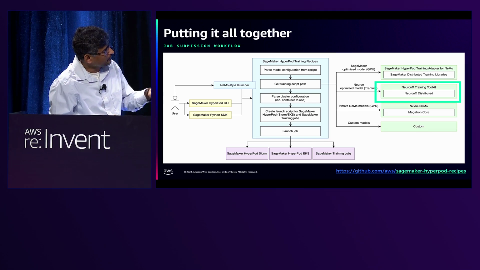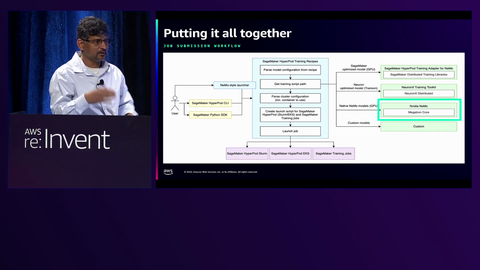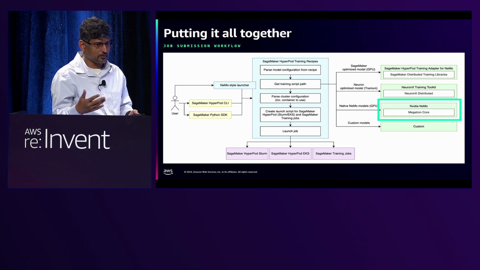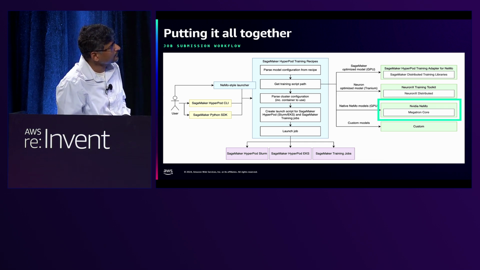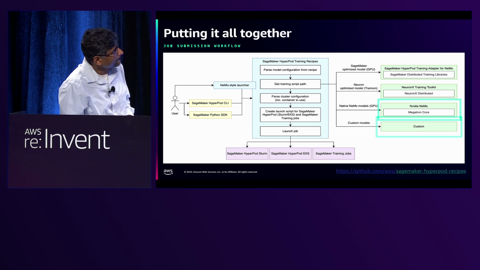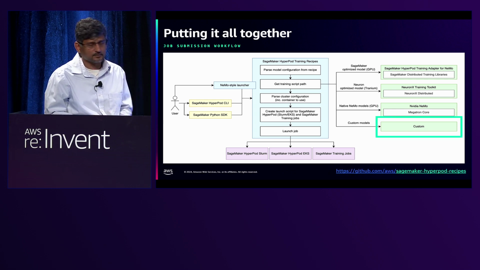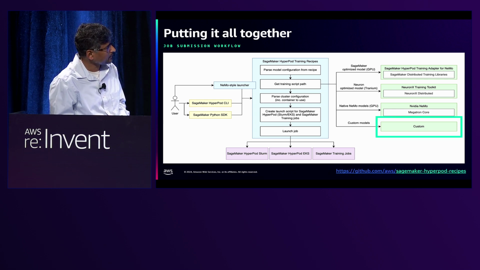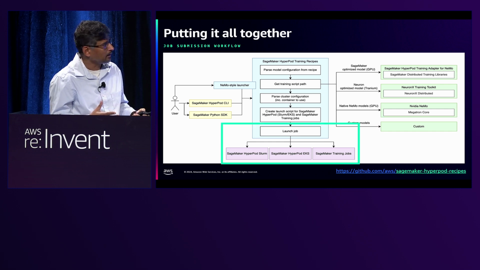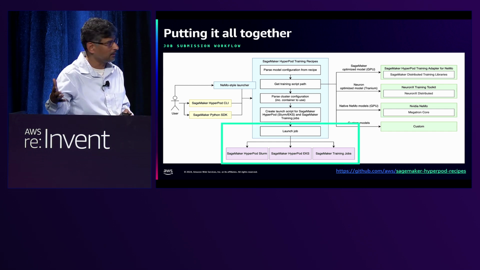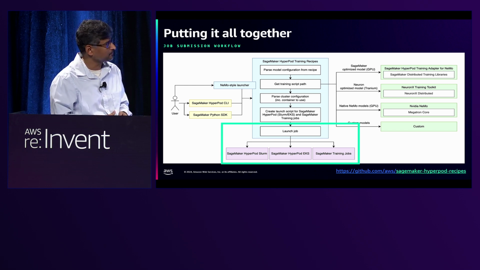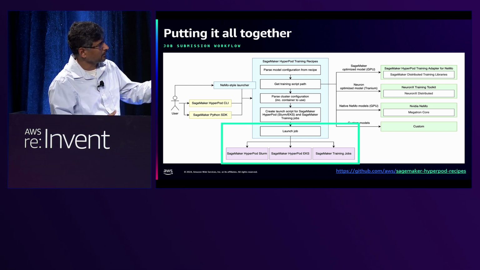In the case of NVIDIA Nemo, you can actually pass in an NVIDIA Nemo recipe directly to this particular framework, and it will accept it. And then you can bring your own custom models as well if you like. So once you've done that, and we've built the training loop depending on your particular requirement, we launch the job on the appropriate cluster, whether it's Slurm, HyperPod, or Kubernetes, or training jobs.